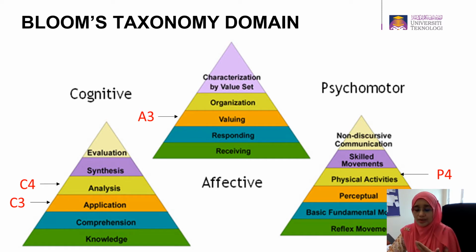So the assessment is through your submission of your lab report. Okay, so C is cognitive, A is affective, P is psychomotor. So this is how you are going to be assessed: quiz, presentation, and final examination.